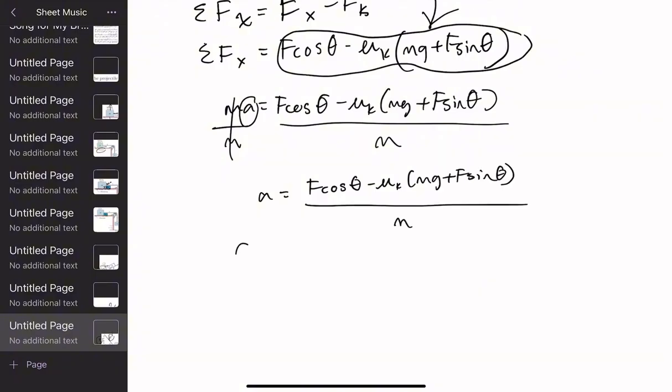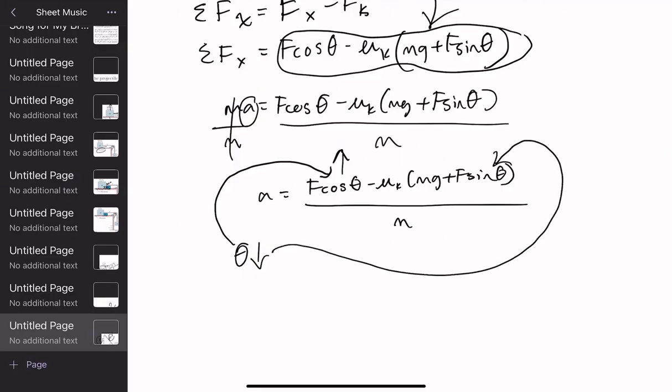Okay, so we're asked what happens when theta decreases. And when theta decreases, cosine increases in value and sine will decrease in value.